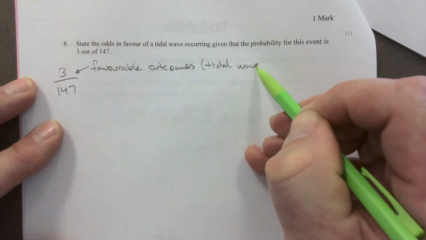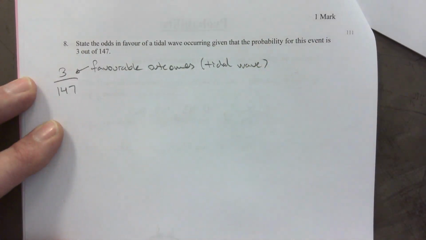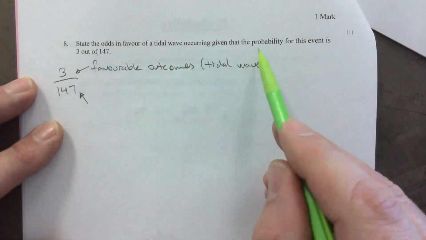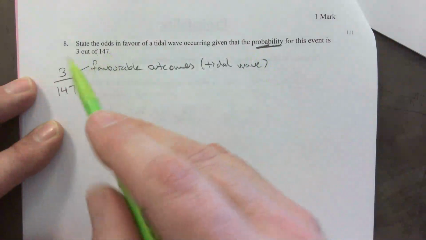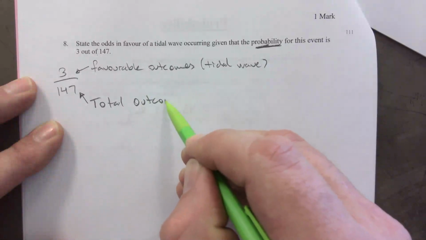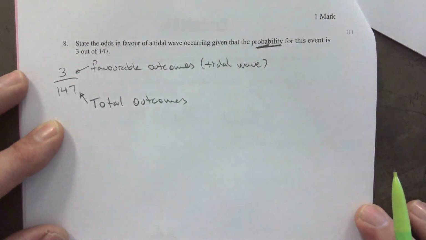It sounds wrong to say that's what we favor, but in this case, that's the event in question, and 3 are favorable to that event. What is the bottom here? Because this is a probability, the bottom is the total number, total outcomes.